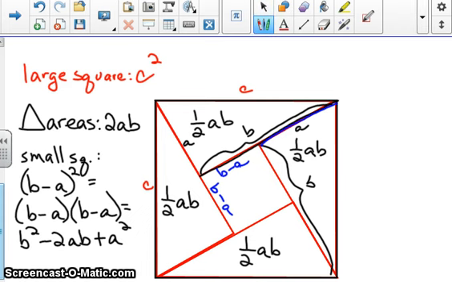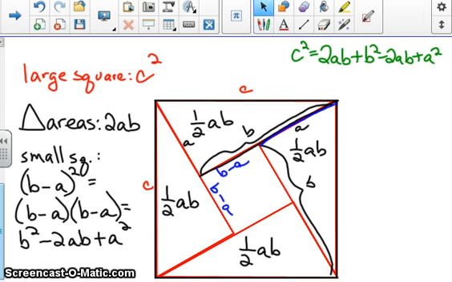The large square was C squared. Inside, I had 4 triangles, so that was an area of 2AB, and I had the small square, which had an area of B squared minus 2AB plus A squared. Now notice again what happens.